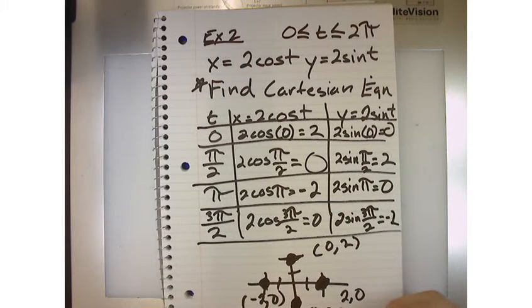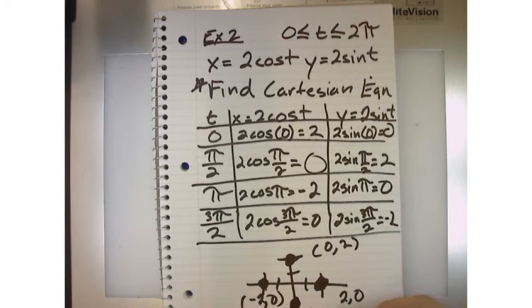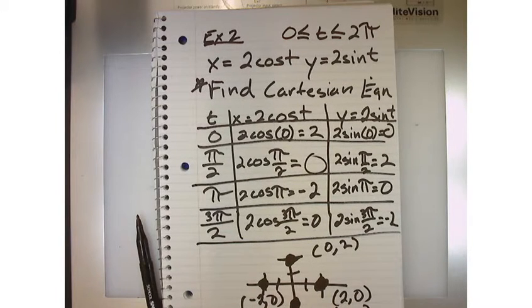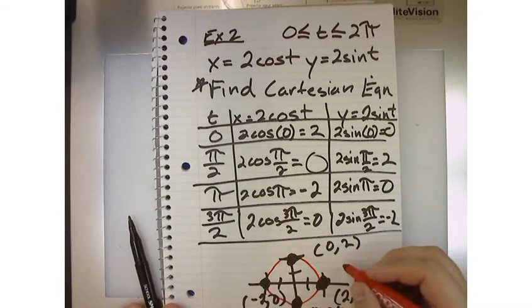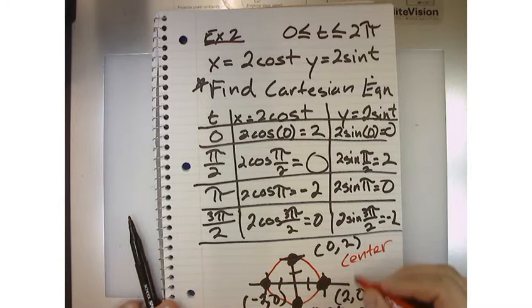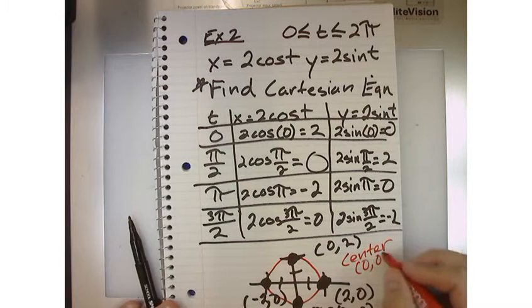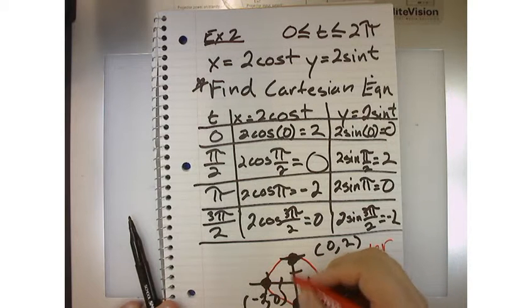It's 0 comma -2. So again, I have a circle. Now what do you notice about my circle? Bigger, larger. The radius is what? Wider. So the center of my circle is 0 comma 0, but my radius is 2.